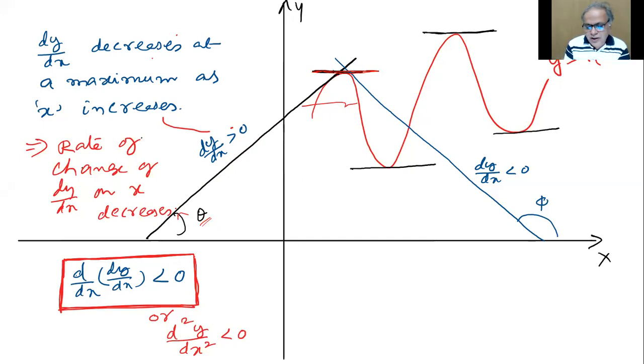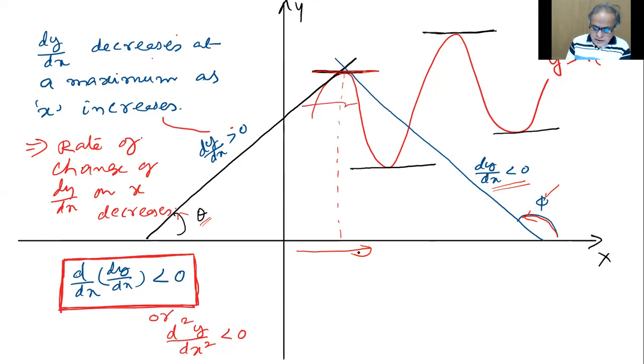But just after the peak, you draw another tangent like this. This will be negative slope. So dy by dx is 0 at the peak. As you pass through a maximum value in the increasing x direction, watch out for my words carefully.